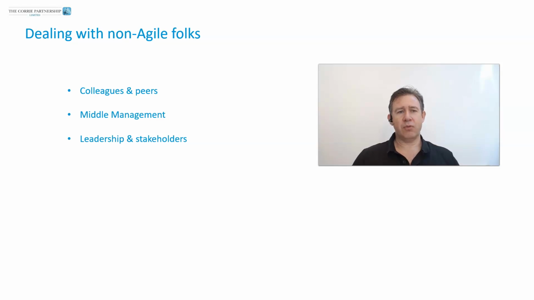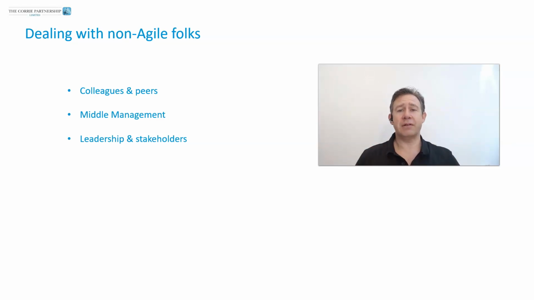The way I tend to deal with that is to explain that if we move to Agile and they join us on that journey, they're going to realize that there's a hell of a lot of work for them to do. For example, around planning, there is so much more planning needed when working in an Agile way, because we are continually replanning, and the teams haven't got time to do that.